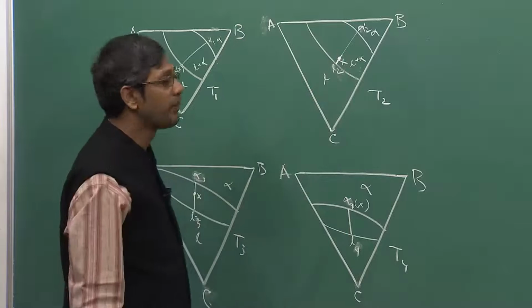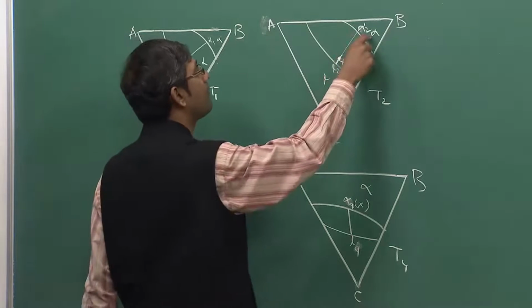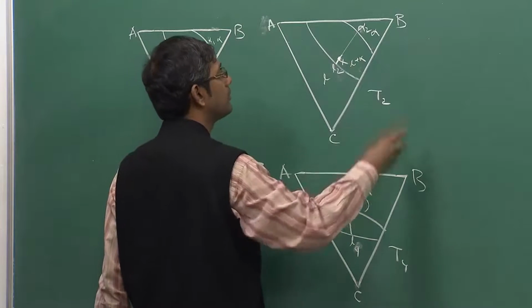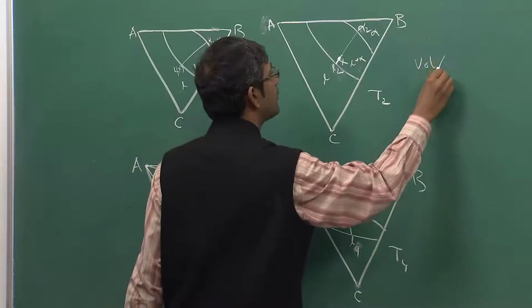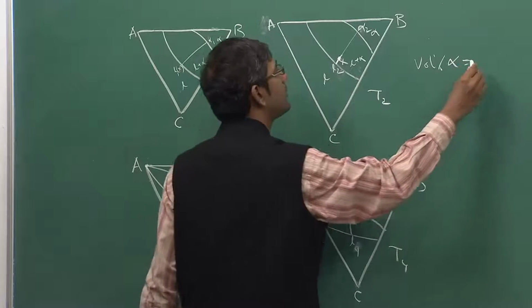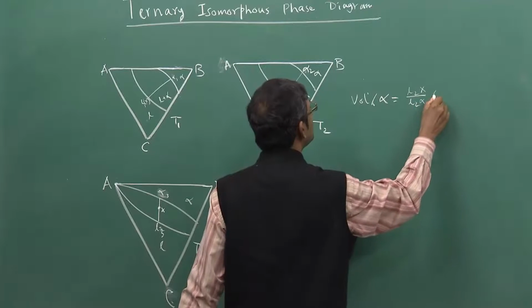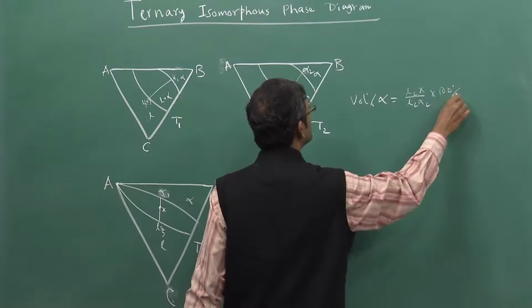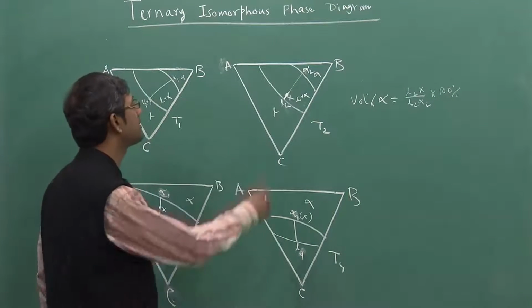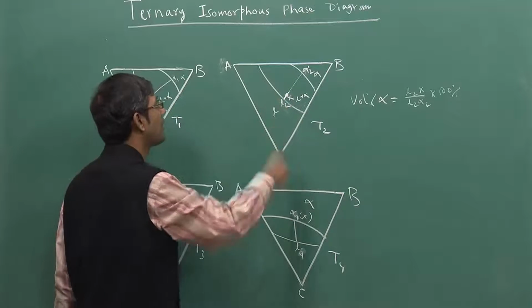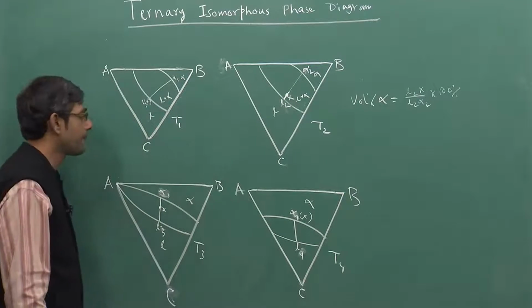If I want to measure the volume fraction of alpha, it is L2x divided by L2 alpha 2 into 100, correct. X is sitting inside this liquid plus solid zone, not on point L2 anymore.